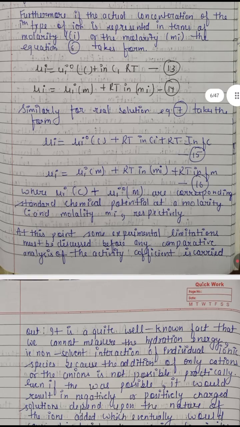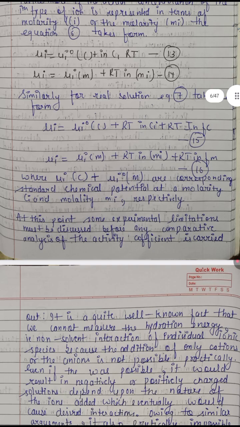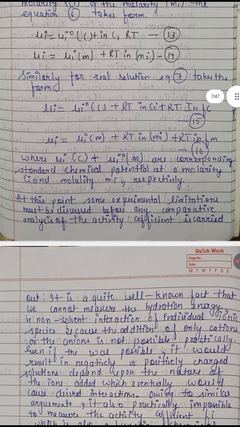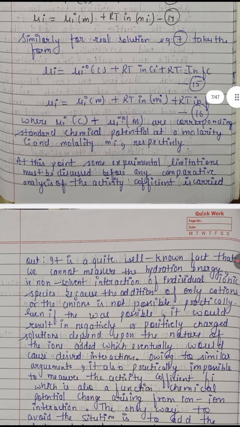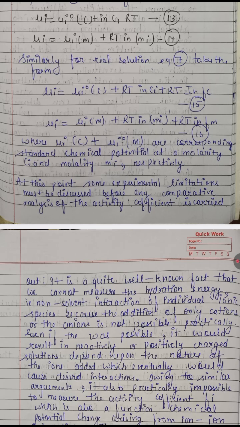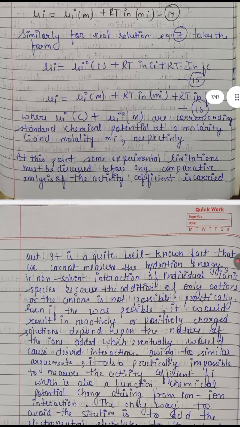Furthermore, if the actual concentration of the ith type of the ion is represented in terms of molarity or molality, equation 6 takes the form mu i equals mu i naught into c plus RT ln Ci, which is equation 13. Mu i equals mu i naught into m plus RT ln mi, equation 14.